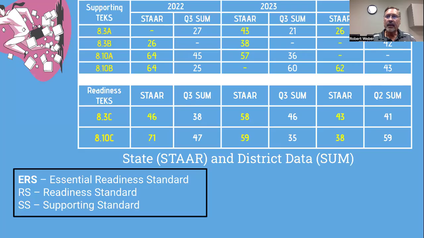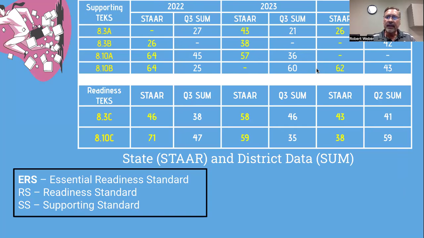Data: here's how we've done in the past. Just taking a quick look at this, pretty consistent results. 8.3A has been a struggle for us. 8.3B is not heavily tested, but somewhat of a struggle. Decent results on 8.10A, and over the course of time, decent results on supporting 8.10B.